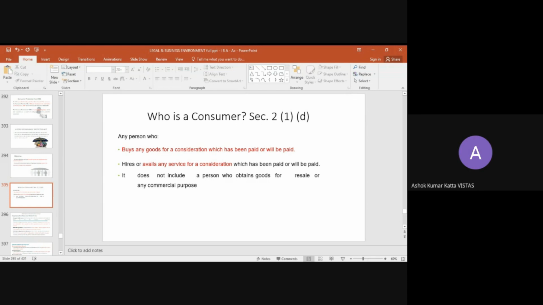I will go to a recharge shop and pay 200 rupees to recharge my mobile phone. So you can call me a consumer, because I'm paying money to get services.